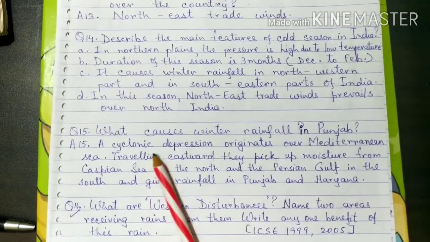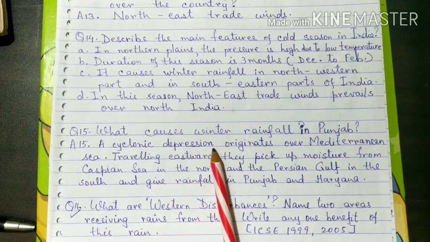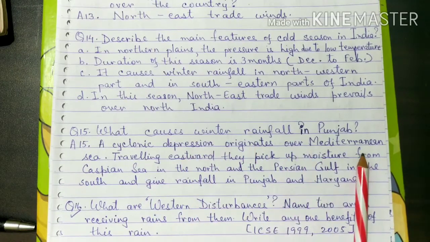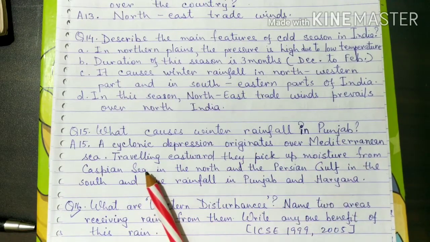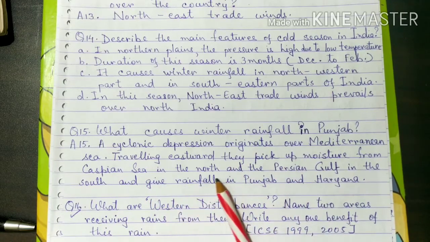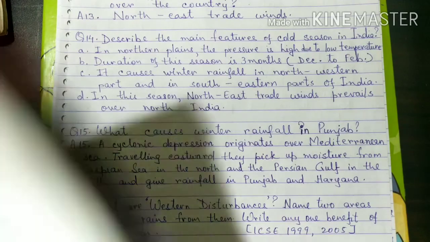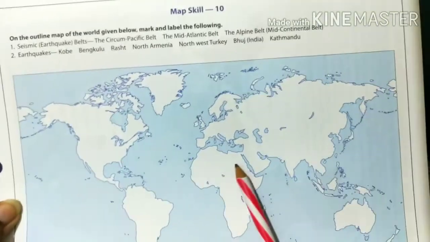Next question is, what causes winter rainfall in Punjab? A cyclonic depression originates over the Mediterranean Sea. Traveling eastward, it picks up moisture from the Caspian Sea in the north and the Persian Gulf in the south and gives rainfall in Punjab and Haryana. You can see this one. Here is the world map.